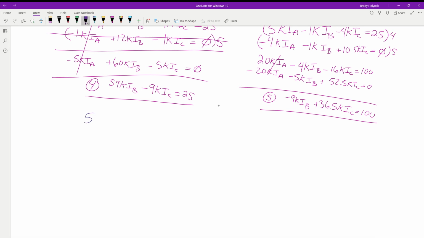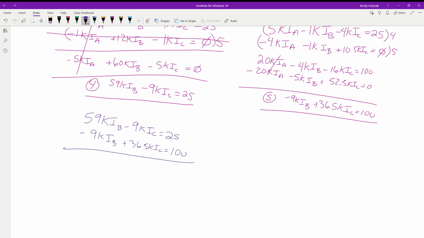So we have 59K IB minus 9K IC is equal to 25. The second equation we have is negative 9K IB plus 36.5K IC is equal to 100.